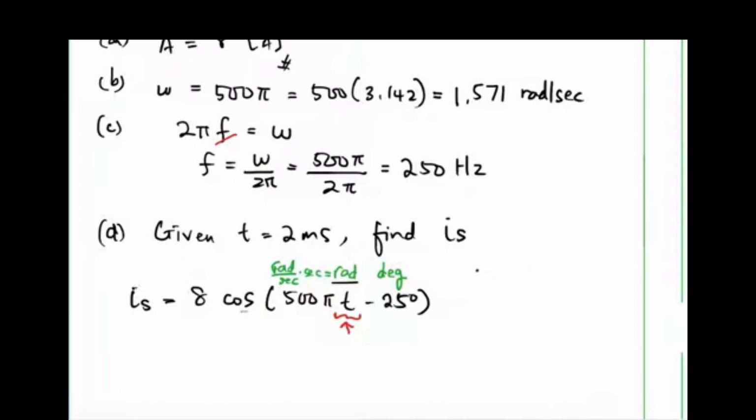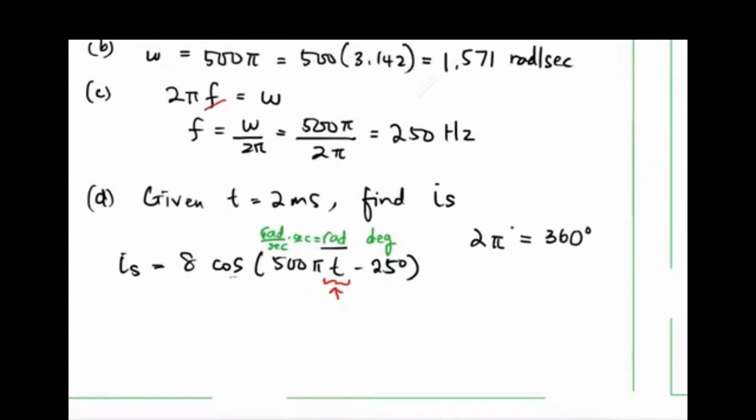So how do you do that? You know 2 pi radian equals how many degrees? 360 degrees. And I want to find what 1 radian is.